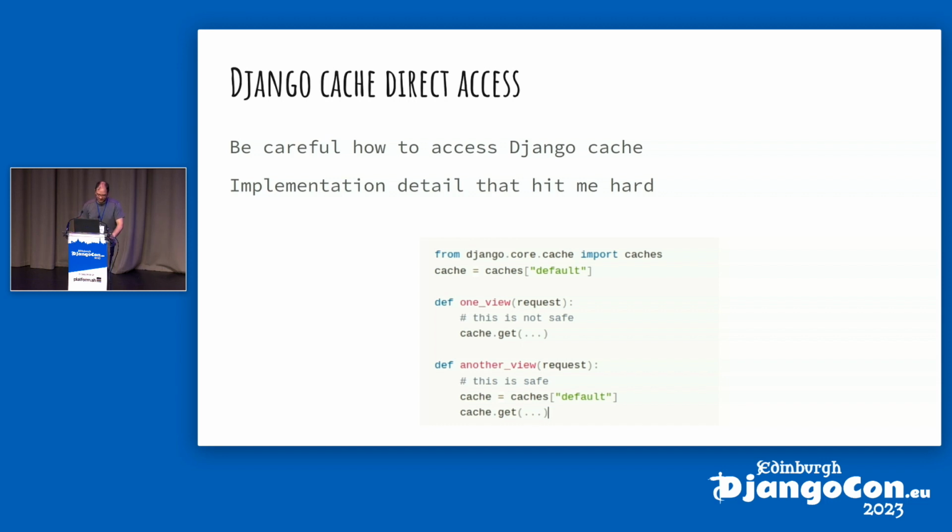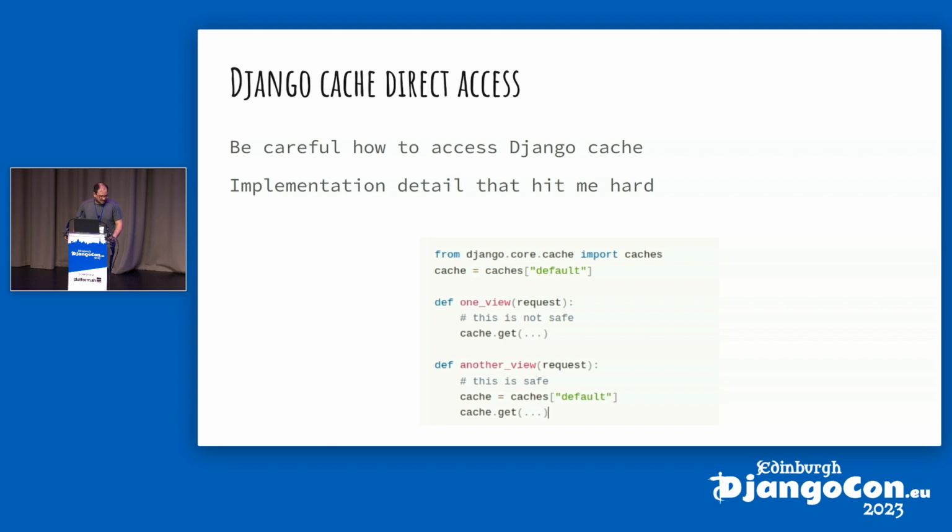You don't need to just use the functions Django gives you or the memoize libraries. So in this example, I'm calling cache get, and here you have an implementation detail that I have a lot of problems with.